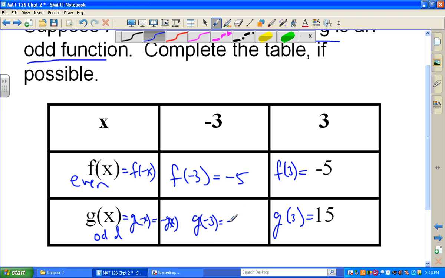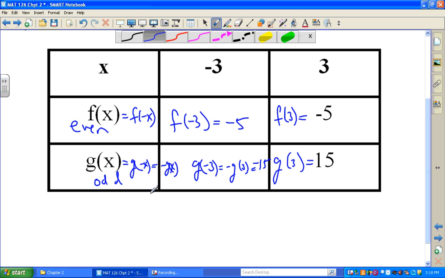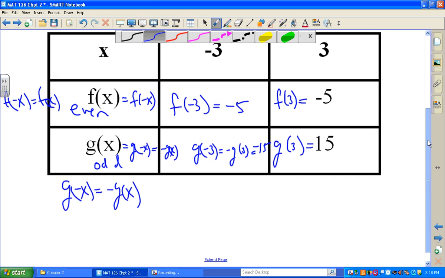G of negative 3 equals negative g of 3, which will equal negative 15. Now, some people might be able to do it in smaller steps than that, but basically the idea is g of negative x equals negative g of x if it's odd, and f of negative x equals f of x if it's even. All right?